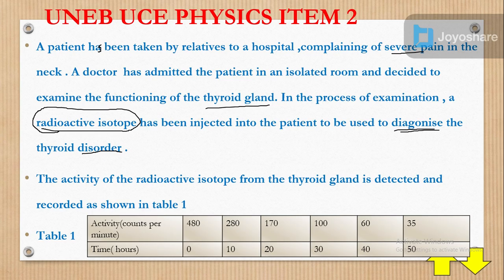They're saying the activity of the radioactive isotope from the thyroid gland is detected and recorded as follows. A radioactive substance must give counts per minute, because when you are in that room you have a calculated time.